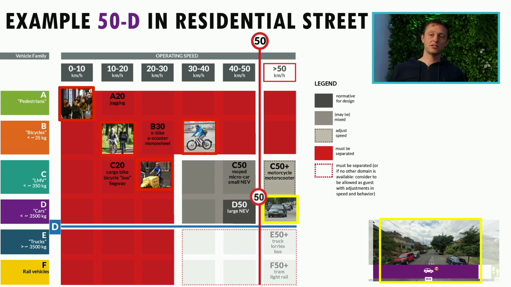But even the bicycles and even the cargo bike are either too light or too slow to be safely mixed in this 50D domain. So we have a problem here. Maybe we can see what happens if you push the button. They're not allowed. So just the car in this case. So maybe let's move on to the next domain.